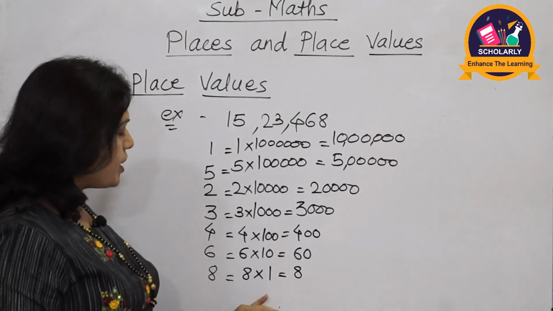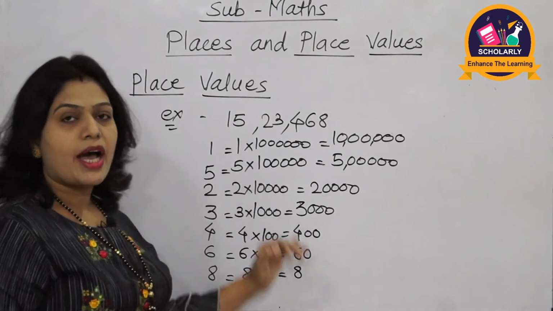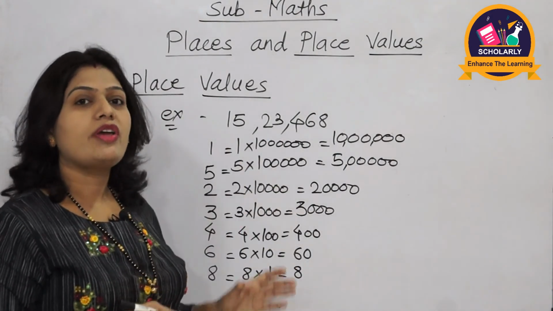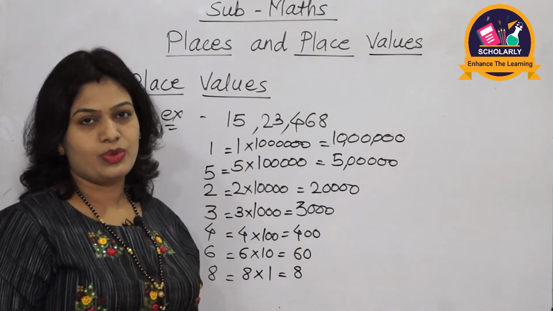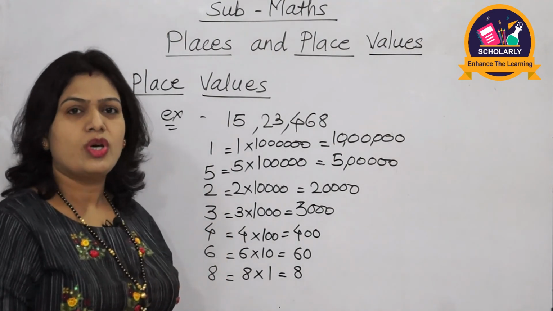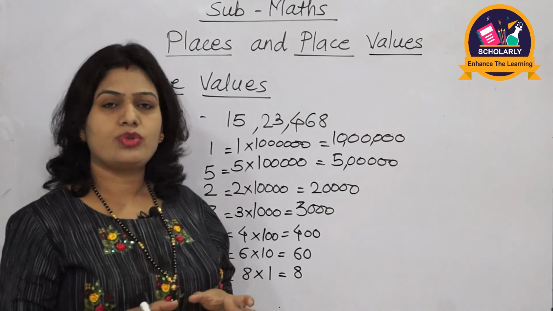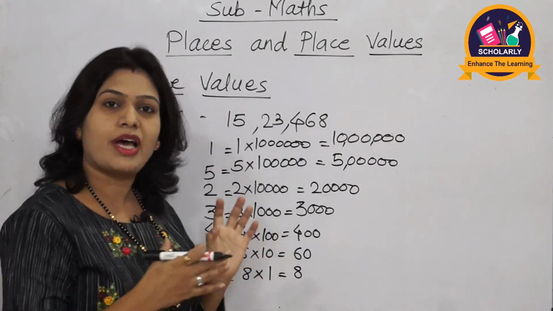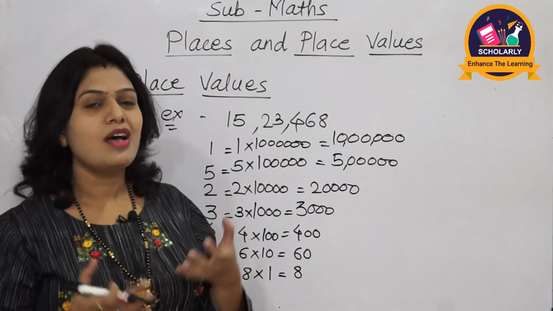So if we multiply these digits by their places, we will get their place values. It's so easy to calculate the place value. Only one thing we have to do, that is we have to multiply the digits by their places and we will get the place value.